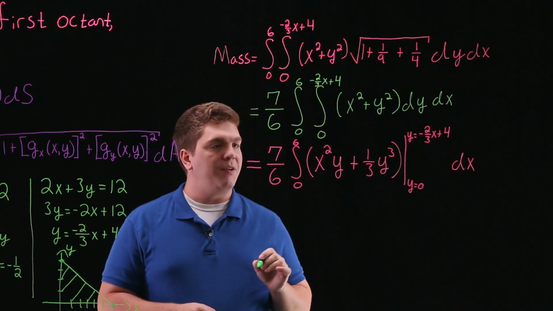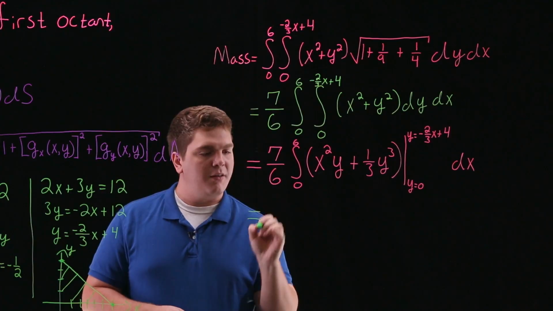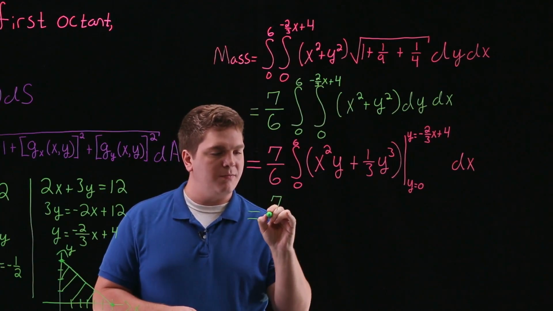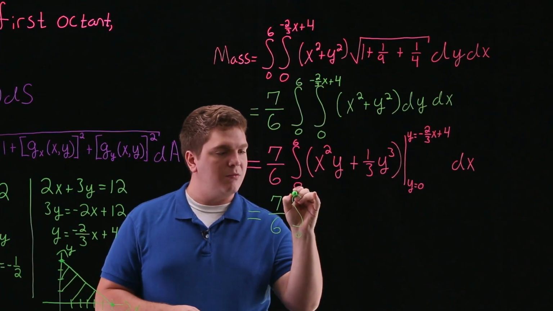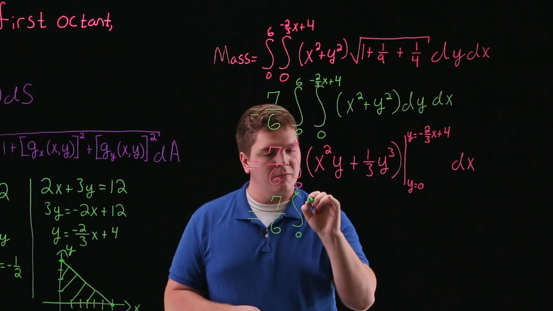So, going ahead and doing this integral, this is going to be equal to 7/6 times the integral from 0 to 6.